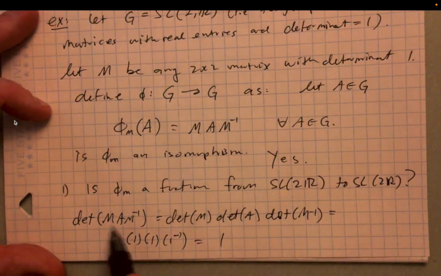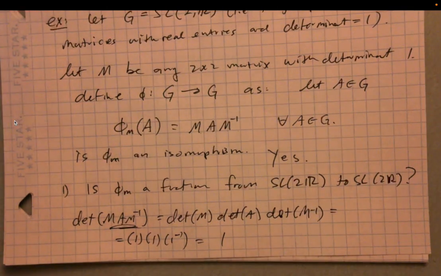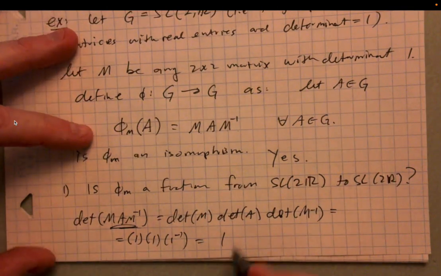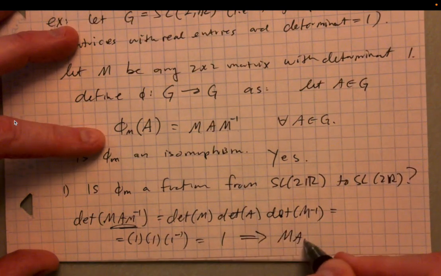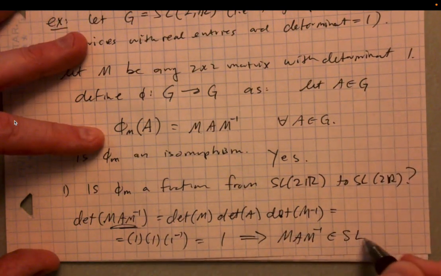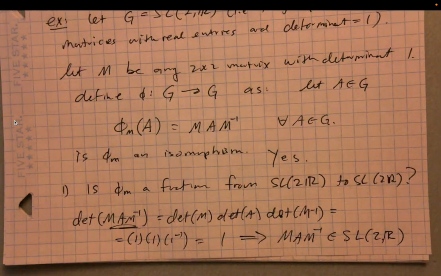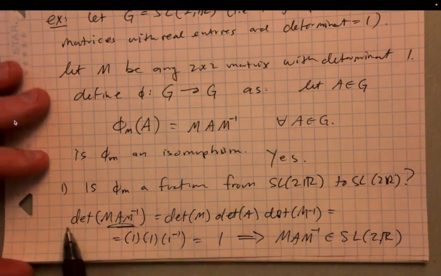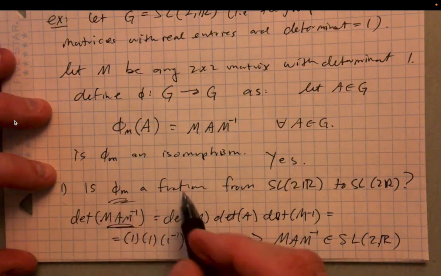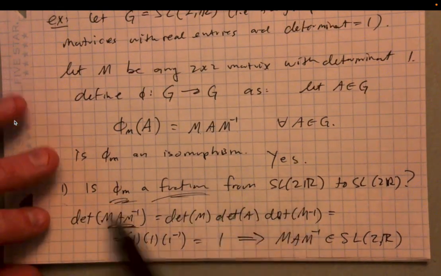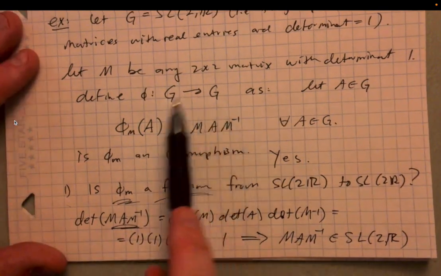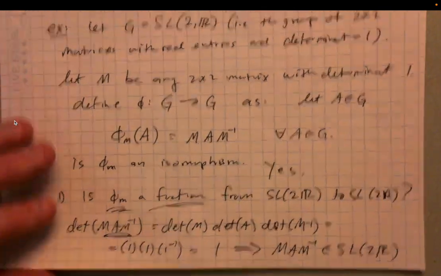So the determinant of M A M inverse is equal to 1, which means it is in SL2R as well. It's a 2 by 2 matrix with real entries and a determinant of 1. So that's the first thing. Phi M was given to us, but we wanted to make sure it is actually a function as it says it is. It needs to go from G to G, and it does.